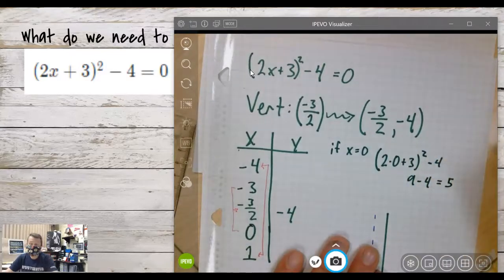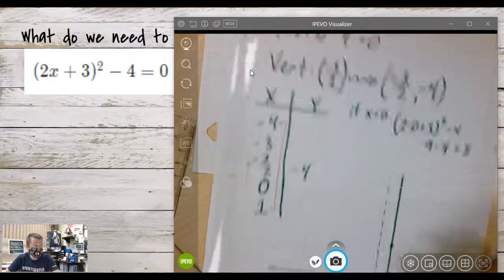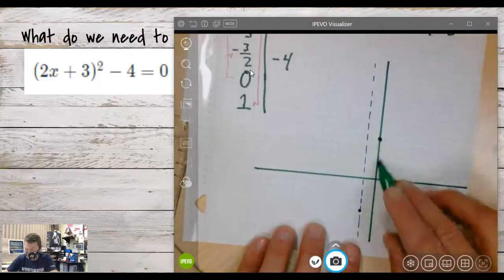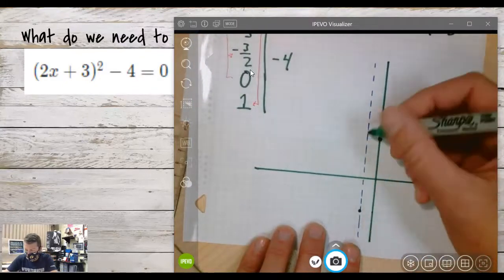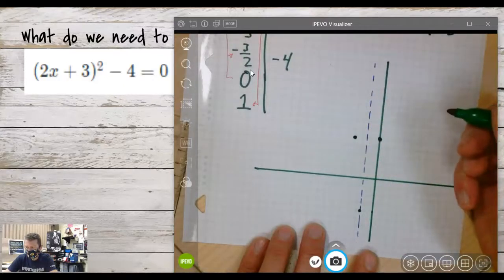I think I get 5. If x is 0, y is 5. And then symmetric to that, so when x is 0, y is 5, I go 1.5 over. So there's another good point we can use.